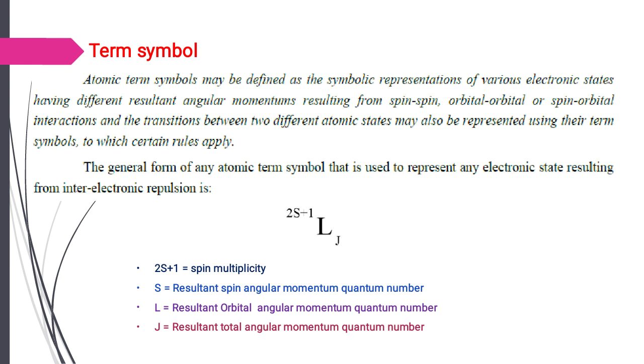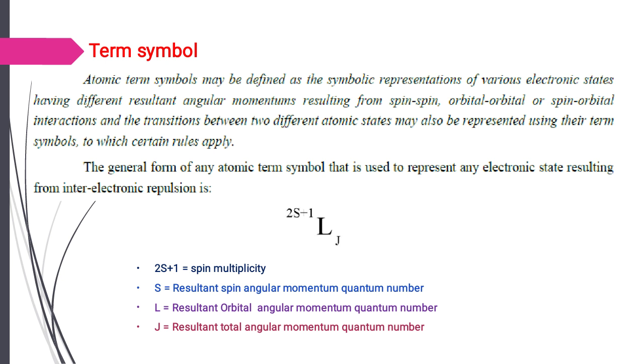The transition between two different atomic states may also be represented using their term symbols, which is represented as 2S+1 L J, where 2S+1 is called the spin multiplicity, S is the resultant spin angular momentum quantum number, L is the resultant orbital angular momentum quantum number, and J is the resultant total angular momentum quantum number.